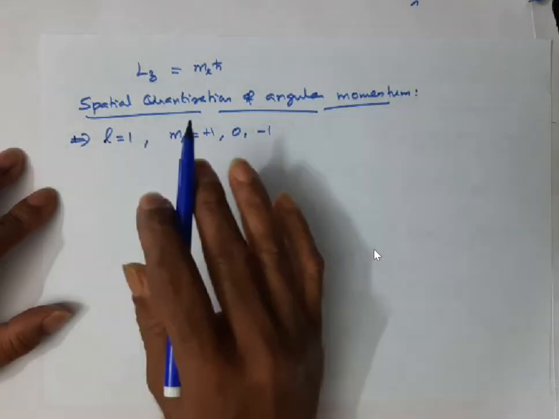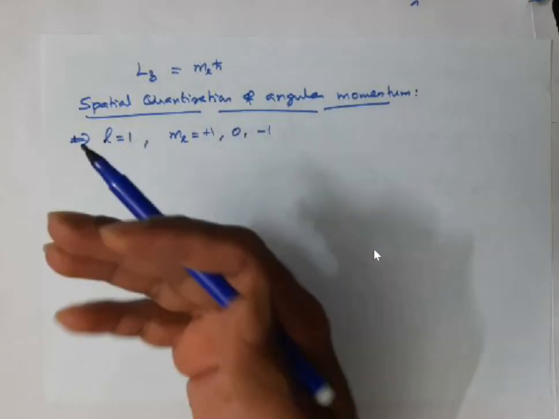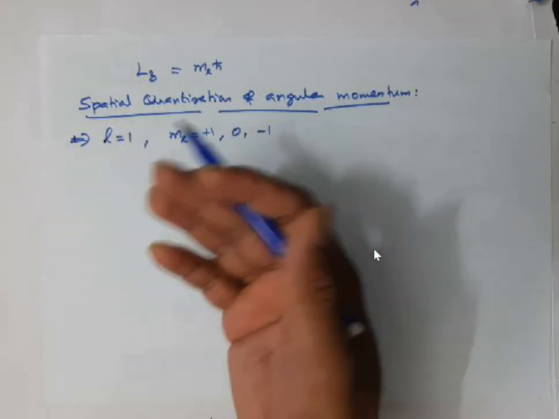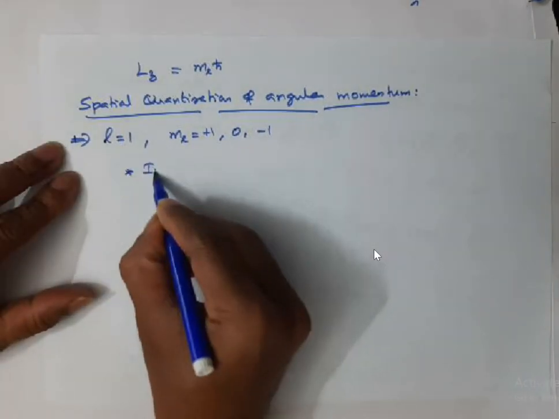Now, how are these states oriented in space in the presence of an external field? In the presence of is very important.